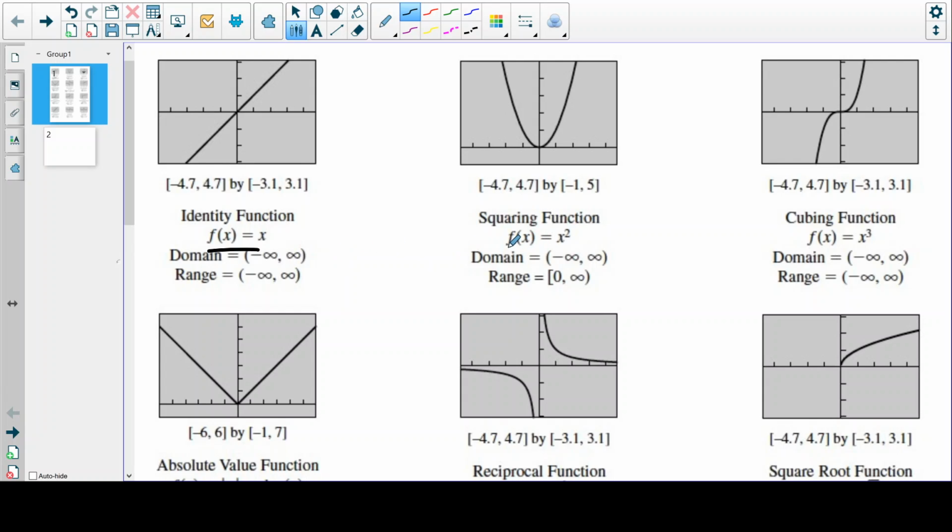The next one is going to be your quadratic, or your squaring function, which you probably already worked with in pre-calculus too. It's going to be y equals x squared, or f of x equals x squared. It's going to have an infinite domain.